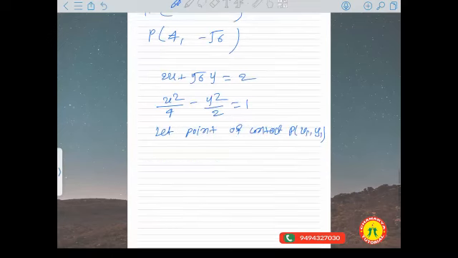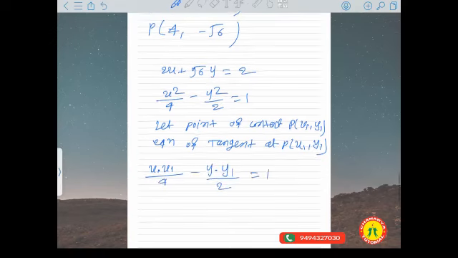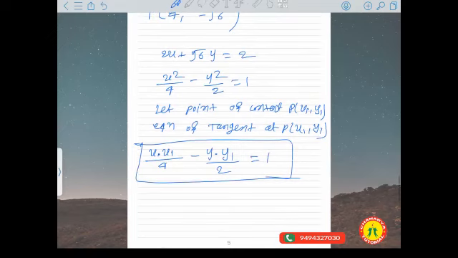Now the equation of tangent, आप क्या लिखेंगे? Equation of tangent at P, that is x1 comma y1: x into x1 by 4 minus y into y1 by 2 is equal to 1. So this is also a tangent equation and this is also a tangent equation, right?